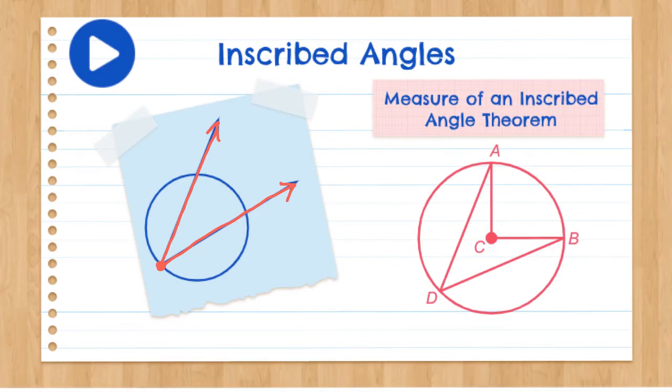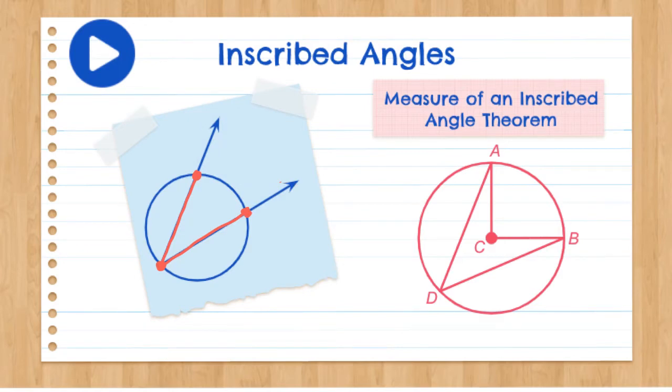And if we were to draw endpoints here on the circle at these points on the ray, and if we were to erase the section of the rays that go off of the circle, we would now have an inscribed angle.